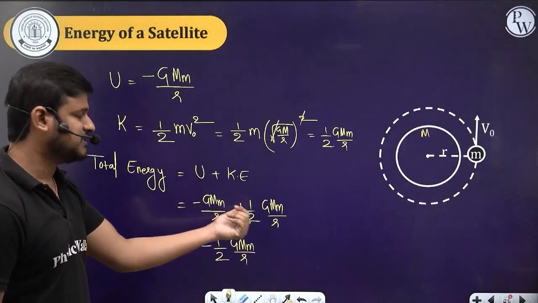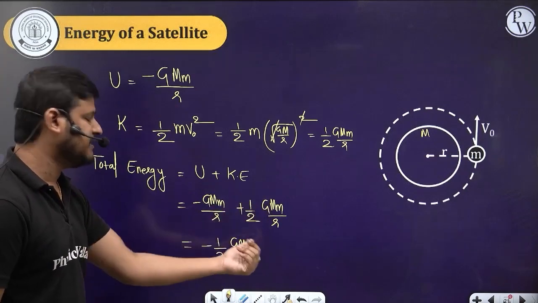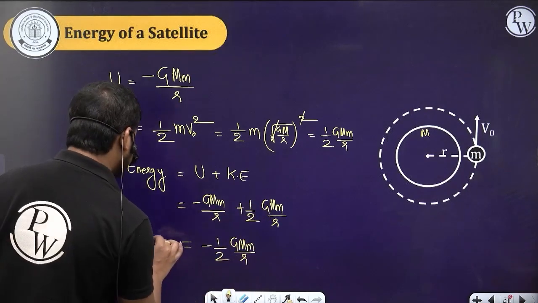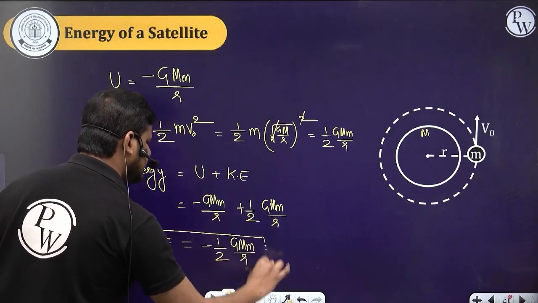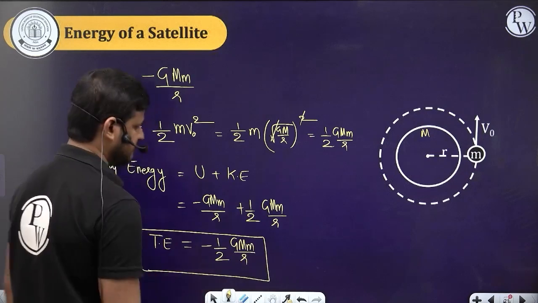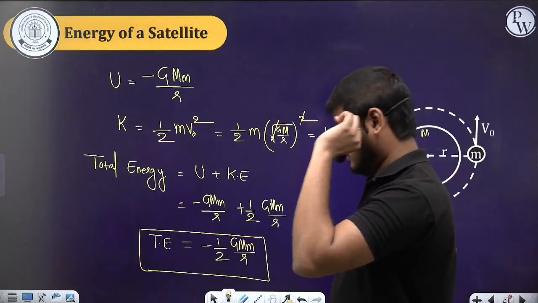So minus 1 plus 1 by 2 is minus 1 by 2, and the whole thing is GMm by R. This is the total energy, which we write as TE. So TE is the total energy, guys. Understood? Clear? Just write it down.